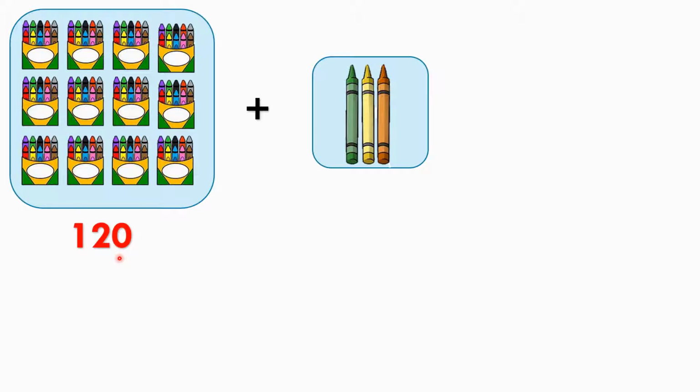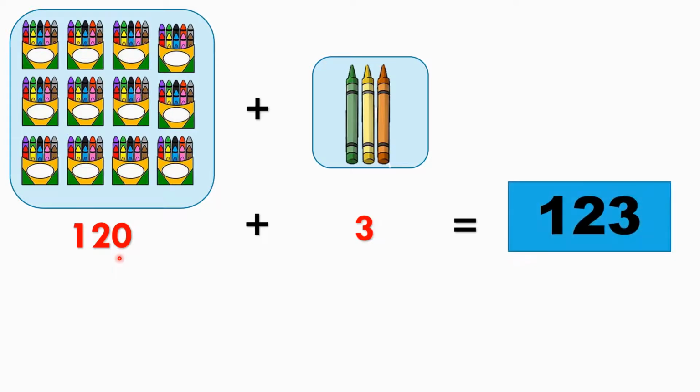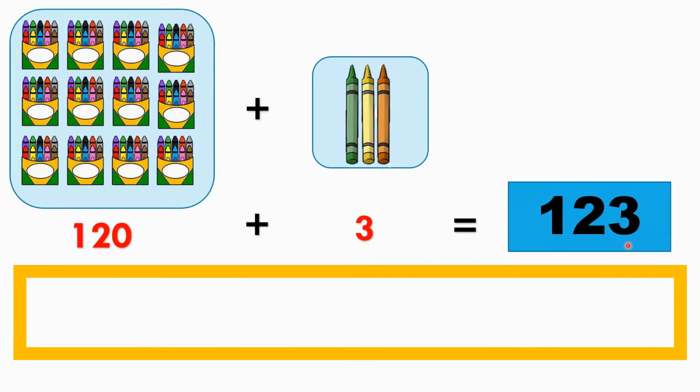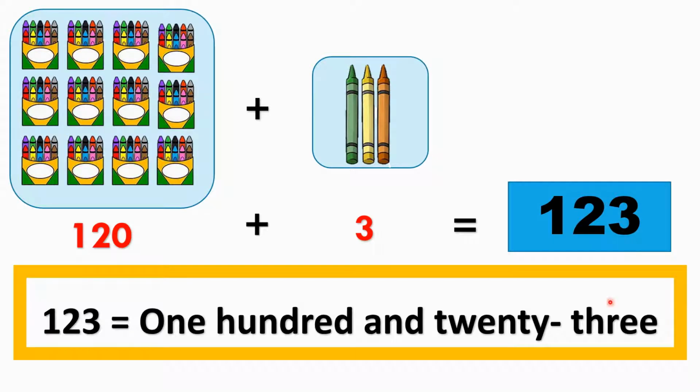And if we add 3 more, it means 123. So how can we write? ONE 1, HUNDRED 100, AND TWENTY 20, THREE 3, 123.